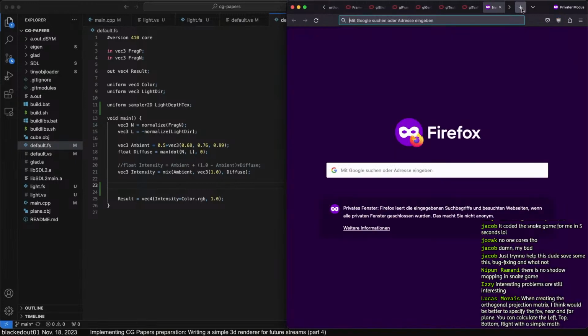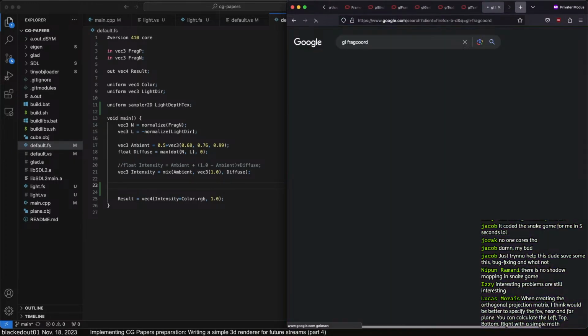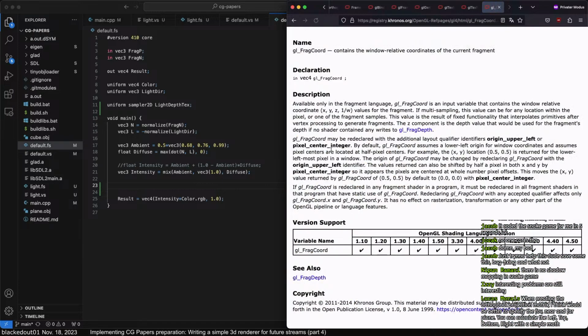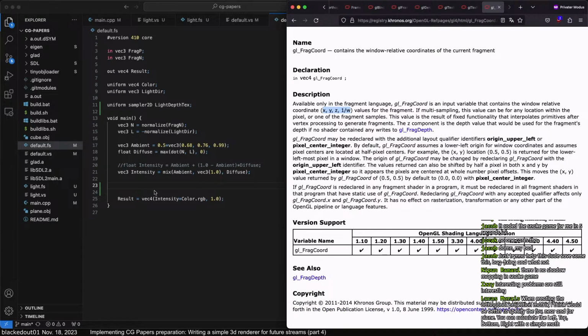So in GLSL there's this gl_FragCoord variable, and it contains the position of the fragment or of the pixel we are looking at in this shader in window space coordinates.